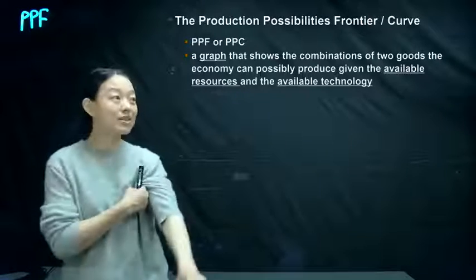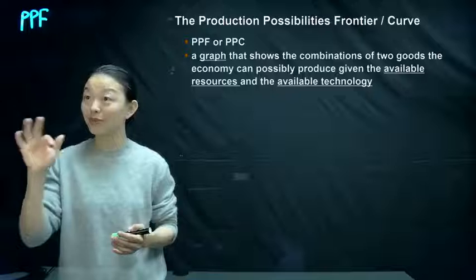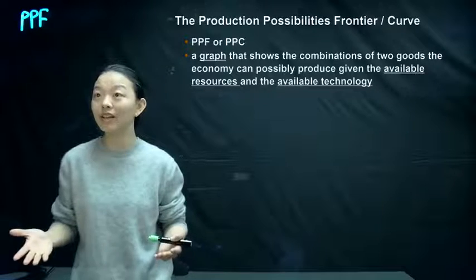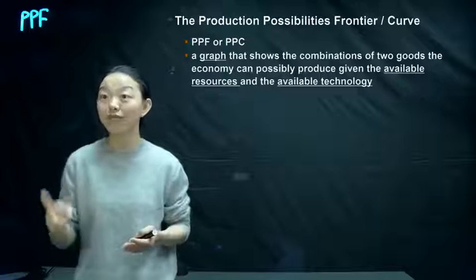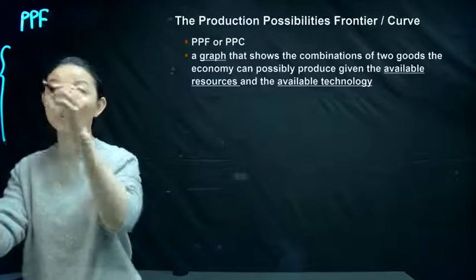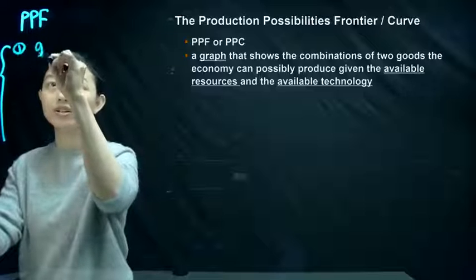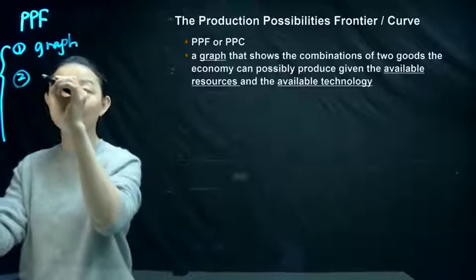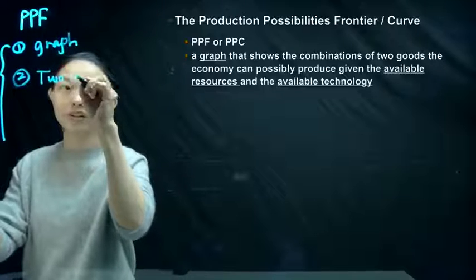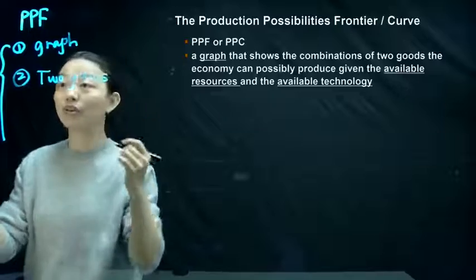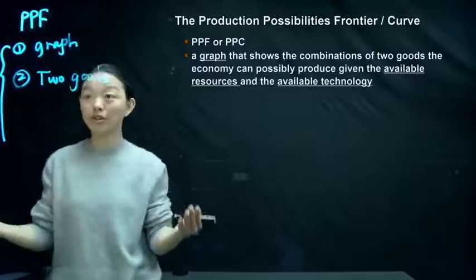Okay, so from this definition, we should learn there are several key points. First, PPF is just a graph. Okay, and it shows the combination of two goods. So we have several key points here. First, it is just a graph, and then it shows combinations of two goods. Not just one good or three goods or even more goods, only two goods.